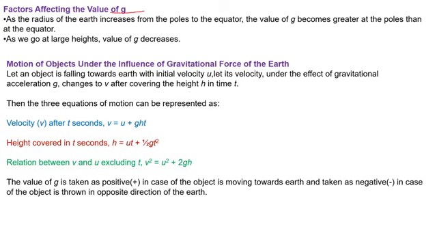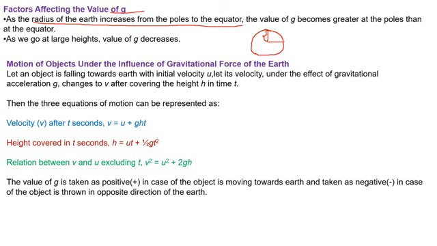The value of g varies as the radius of the earth increases from the pole to the equator. We know that earth is not exactly spherical in shape, but it is flattened at the top, at the pole. So the distance from the center to the pole is less than the distance from the center to the equator.